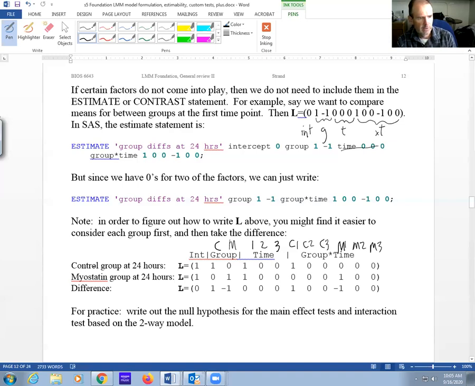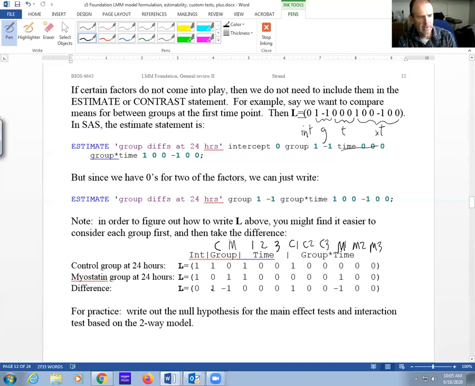So for the control group at 24 hours, we would put a 1 in the first column for group, and then a 1 for the first column for time, and then the corresponding interaction there. And then for myostatin at 24 hours, that would be a 1 in the second column for group, but we still have a 1 in the first column for time, and then you have the corresponding coefficient there.